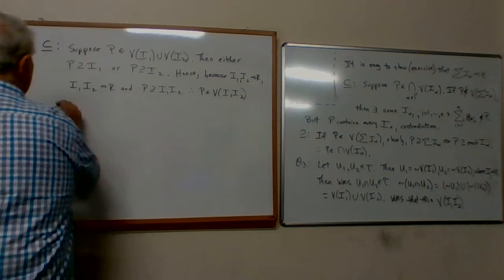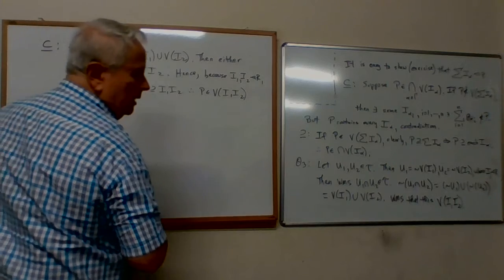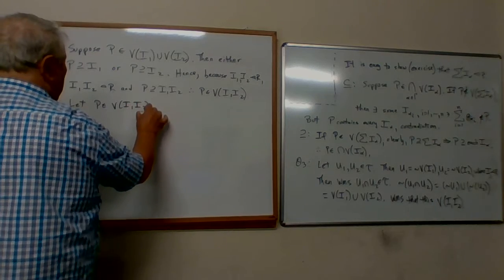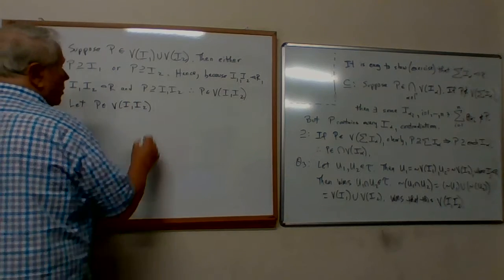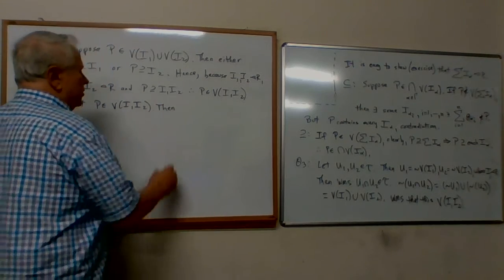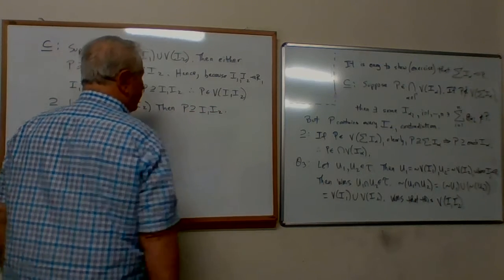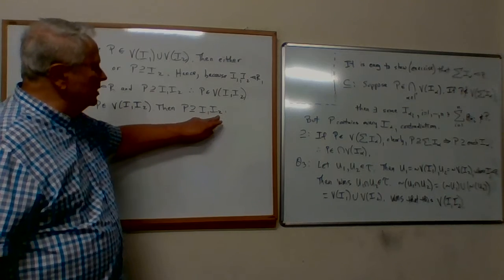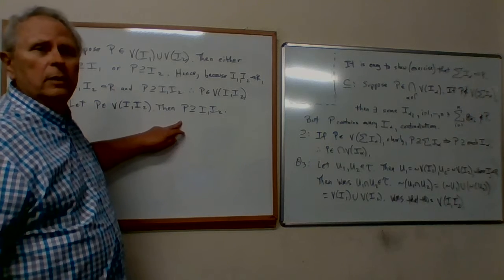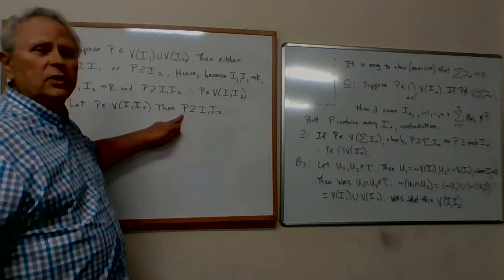Now let's go the other way. Let P be an element of V of I1 I2. Well, break everything down to the definition. What does that mean? That means that P contains I1 I2. So when I multiply this ideal times this ideal, that lives inside this prime ideal. But P is a prime ideal. So if the product of two ideals lives inside here, one or the other has to live inside here.